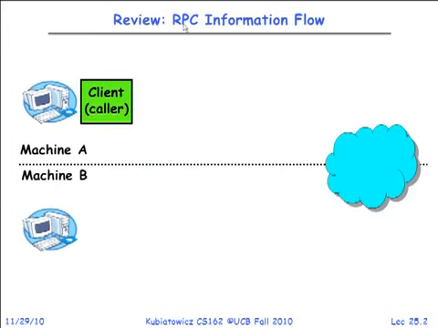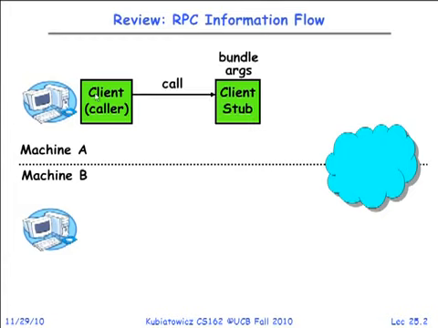And so basically, what happens is the client software calls the procedure call. That actually calls into a stub. And if you recall, the stub is created automatically by a compiler that produces the same sort of argument API that you would have if it were a local procedure, but instead it's a stub.